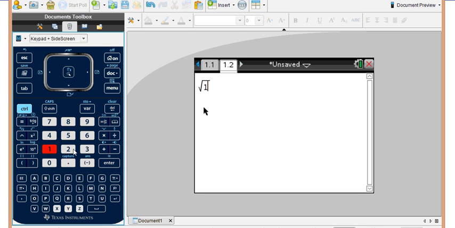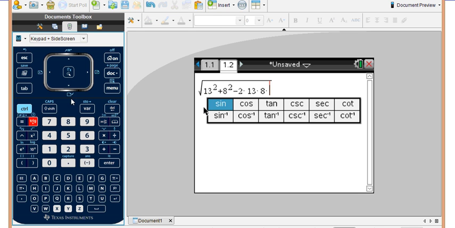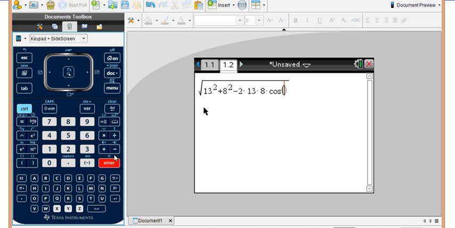So you have 13 squared plus 8 squared minus 2 times 13 times 8 times the cosine of 131 degrees. Make sure all that looks right.